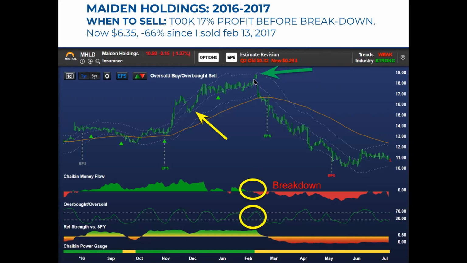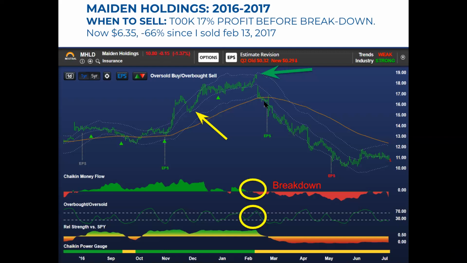I took the 17% profit in November to February, so a couple of months, and was very happy. A couple of days later, literally 2 days later, they pre-reported a very negative earnings report, and the stock dropped 10%. It was really bizarre.